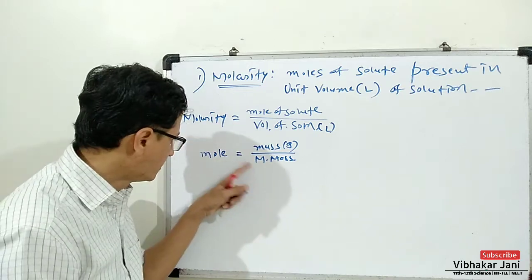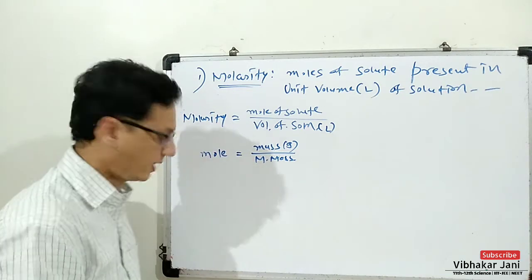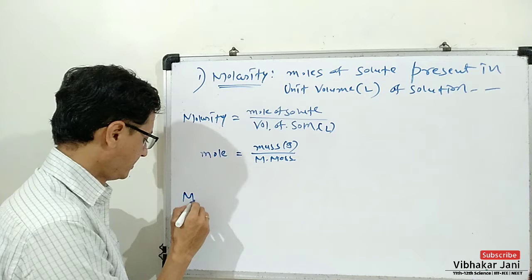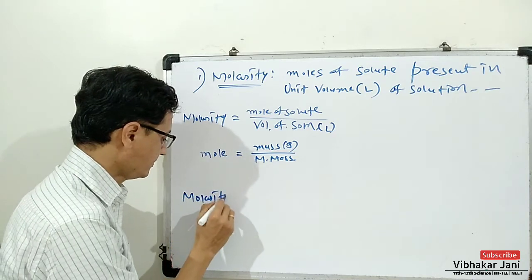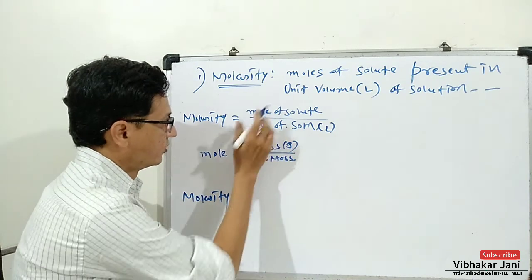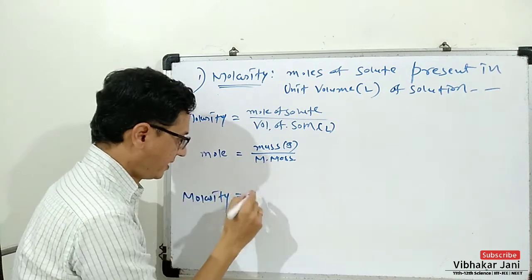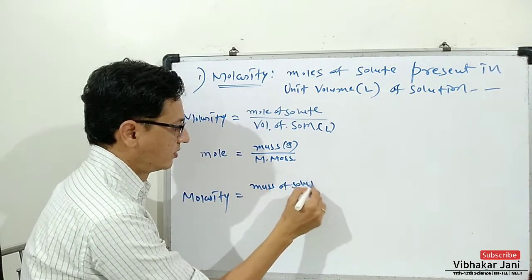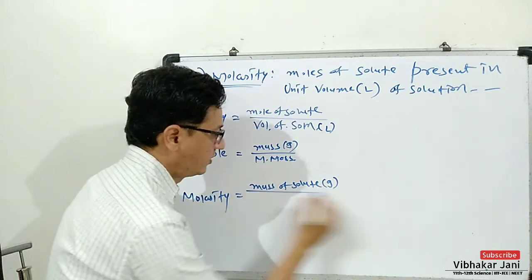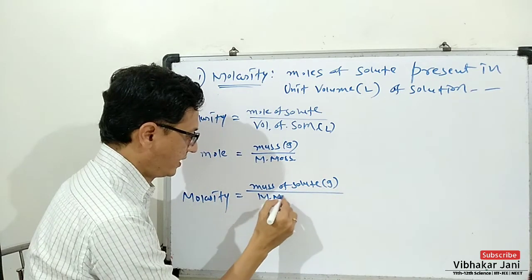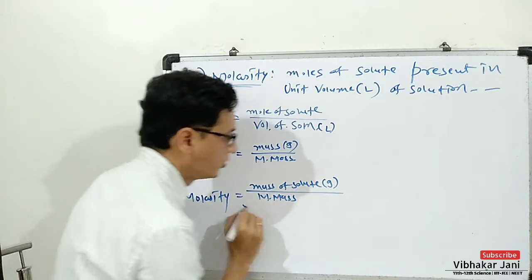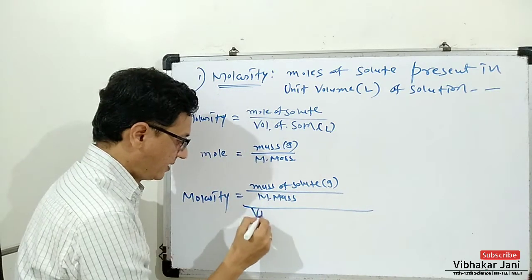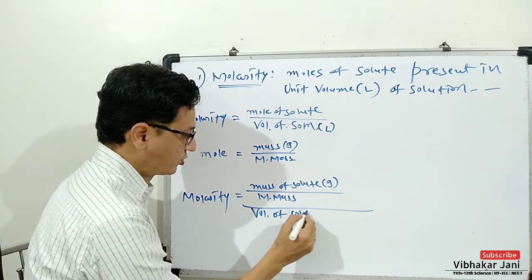So if we put this value of mole into this formula, then formula will become like this. Molarity is equal to, now instead of mole I can write mass of solute in gram upon molecular mass of solute divided by volume of solution.